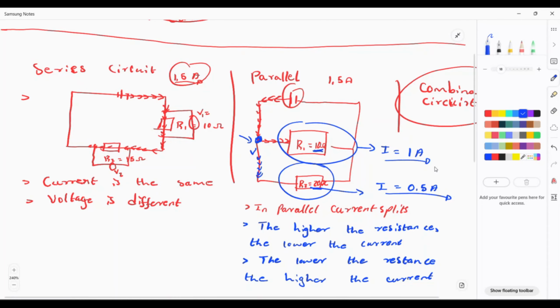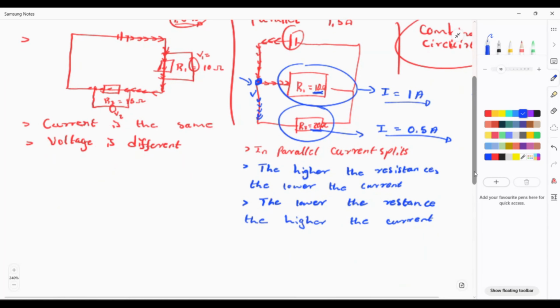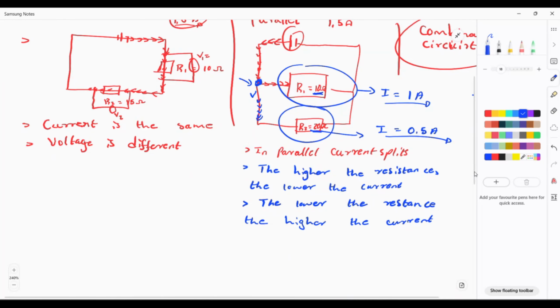And the most important thing again to bear in mind is that for as far as you have the resistors in parallel, the voltage is going to be the same. Voltage in parallel is the same.